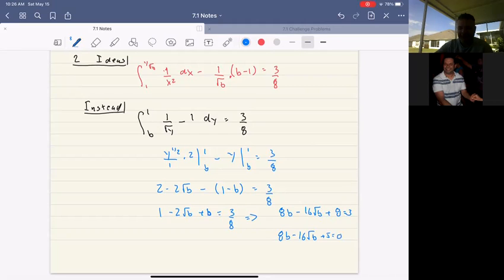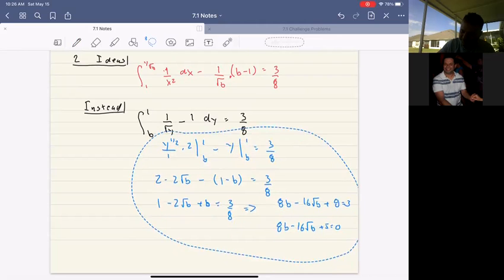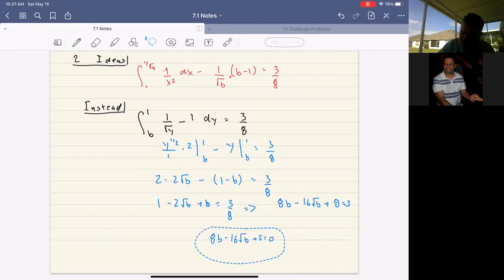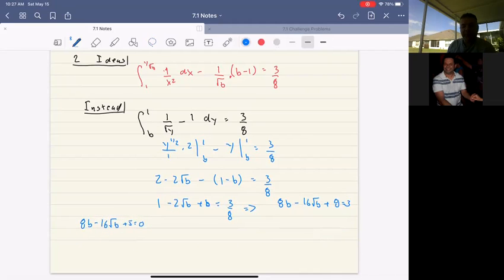Okay, I'm just turning this into a quadratic. Let root b equal u, so we get 8u squared minus 16u plus 5 equals 0.